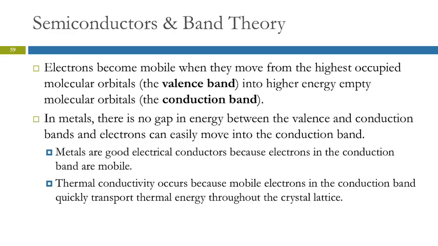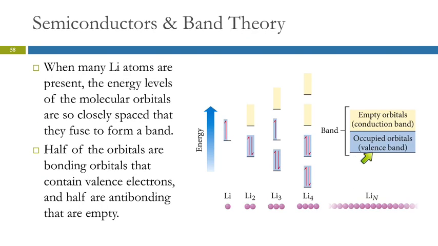So what can happen is electrons can move from the valence band into the higher energy empty conduction band. So if we go back to this picture, this is where all the electrons are. But then we have this empty conduction band that is only a tiny bit higher in energy.